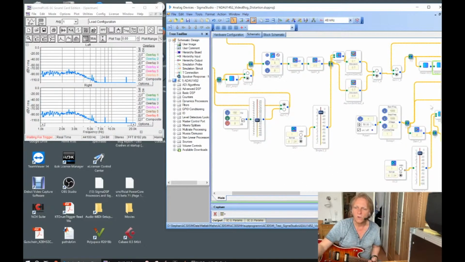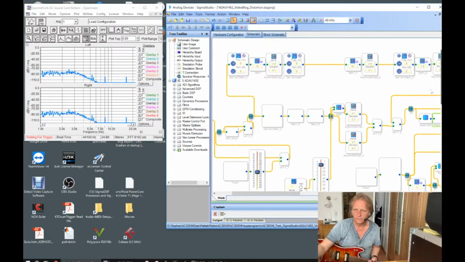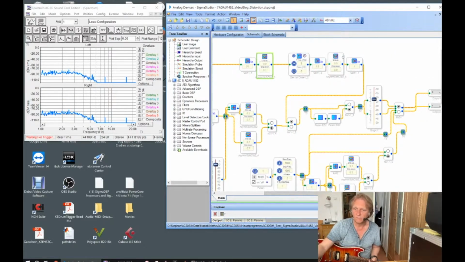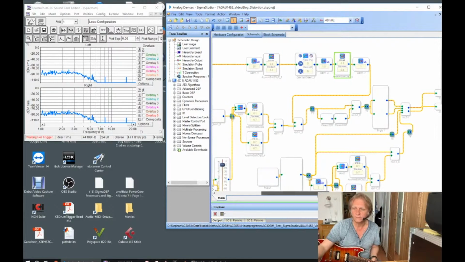Now we switch over to the multistage. Okay, there we have three stages. Preamp, the splitter modeling, and the power amp modeling. The power amp is symmetrical clipping usually.